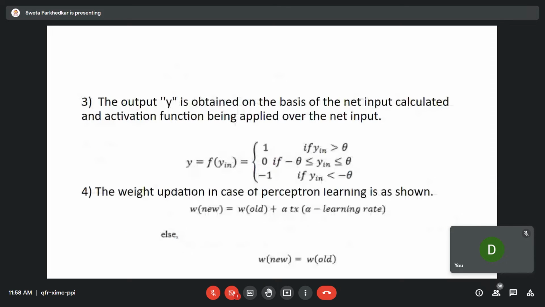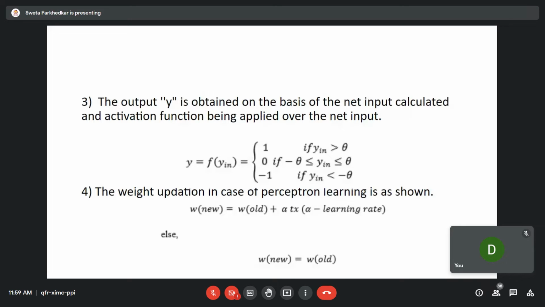Then the third step: the output y obtained on the basis of net input calculated, we apply the activation function. So what is the activation function? Suppose we have used a bipolar activation function. So this is the formula, or the range, for the bipolar activation function.